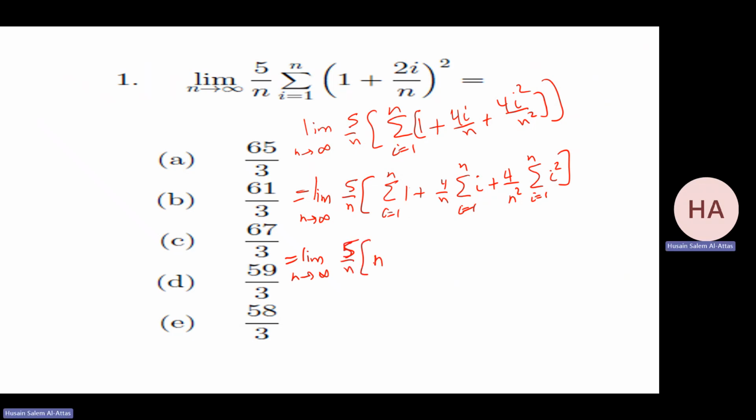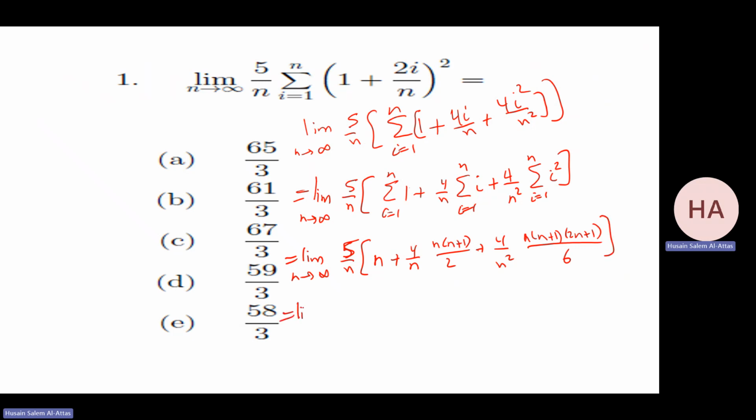This summation is n, plus 4 over n times what? n plus 1 over 2. Plus 4 over n squared of what? This one is n times n plus 1 times 2n plus 1 over 6.